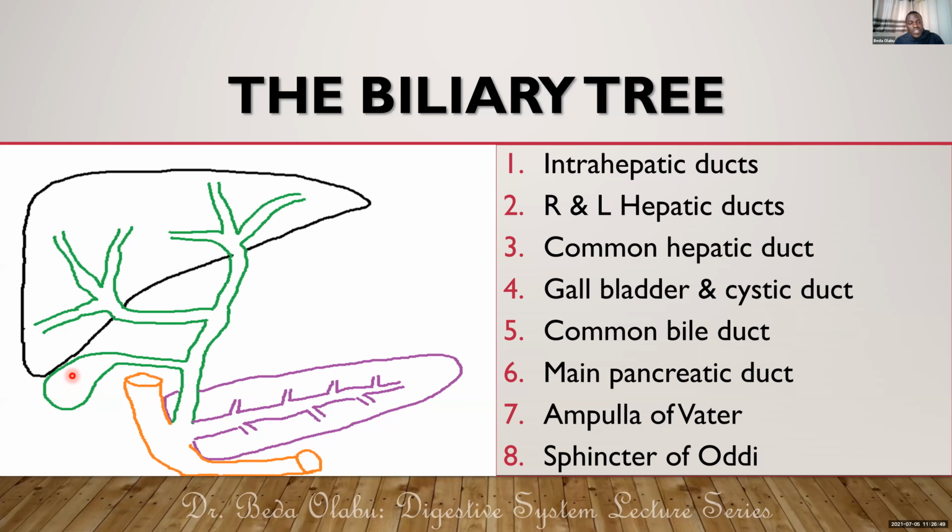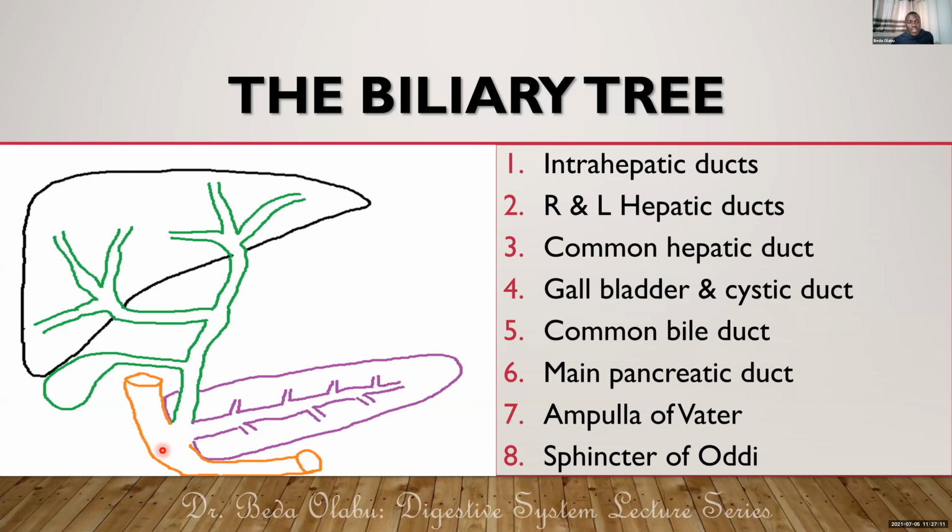That hormone acts on the gallbladder to make it contract. And when the gallbladder contracts, we are going to define the second route of bile flow, which is from the gallbladder to the cystic duct, to the common bile duct, to the ampulla of Vater, to the duodenum.